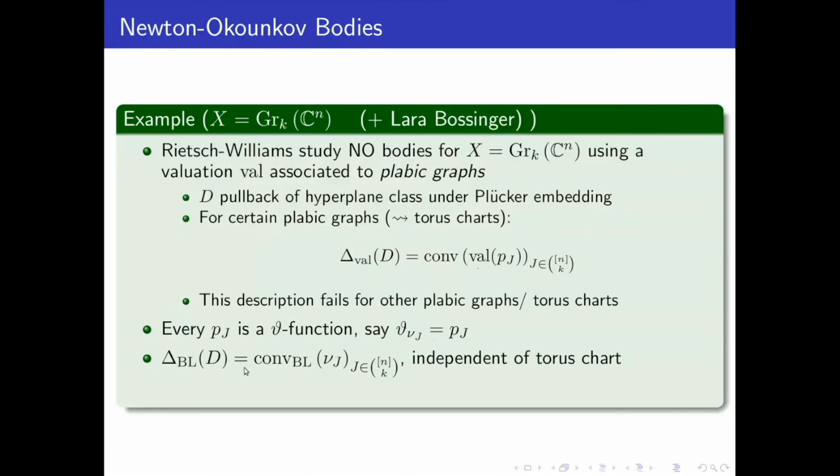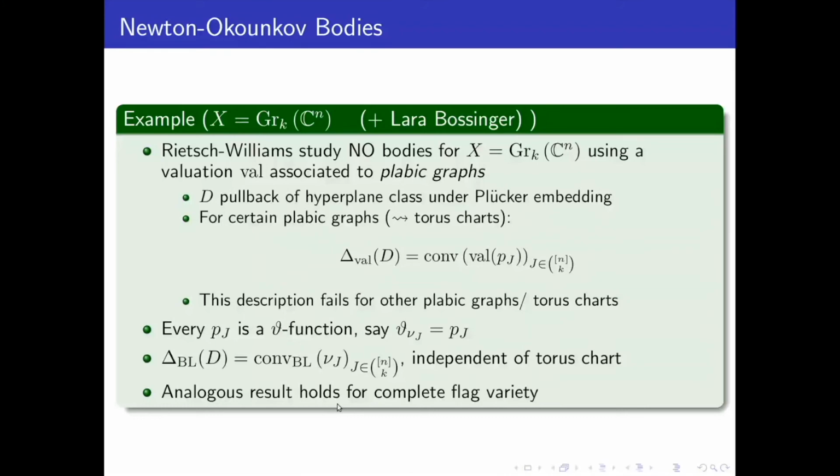This construction doesn't make any reference to a choice of torus at all. So it's independent of torus chart or independent of plabic graph. So this very simple description holds in general in this intrinsic setting. And a completely analogous result holds if you replace Grassmannians with flag varieties.